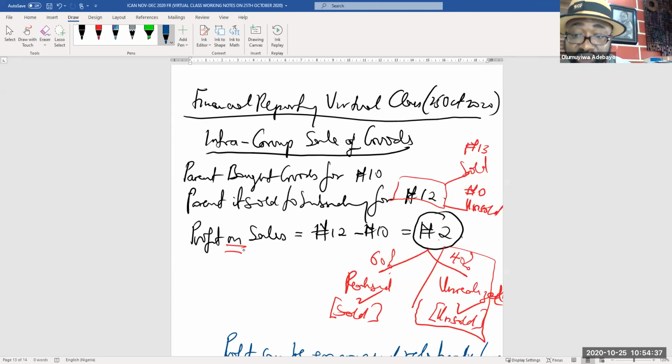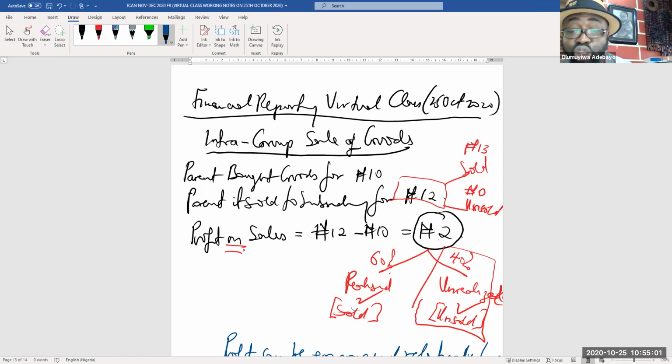Our concern is, is this 2 naira realized or unrealized? Whether it's realized or unrealized is a function of whether the subsidiary has been able to sell all of the goods or not. If it has sold all of the goods, we say the entire 2 naira is realized.